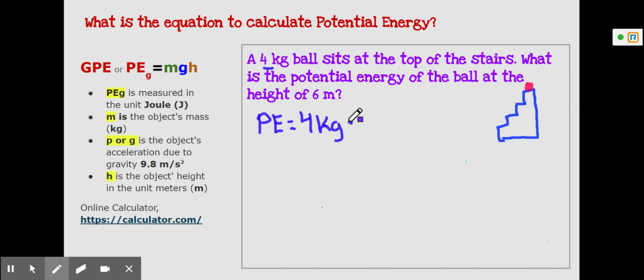You're not going to find a g in the question. Remember, g is a constant, and we always plug in 9.8 meters per second squared. And then times h, and our height is 6 meters.